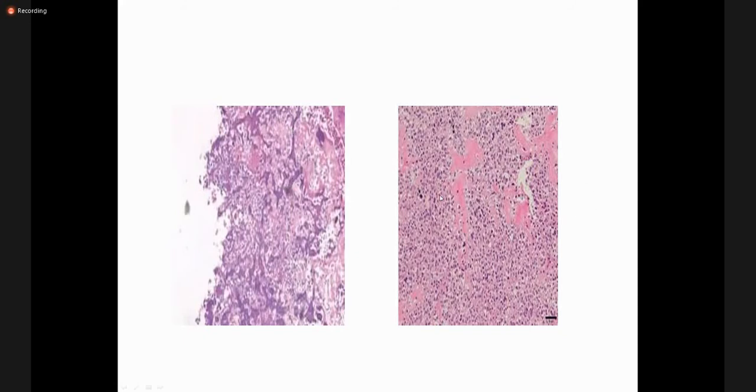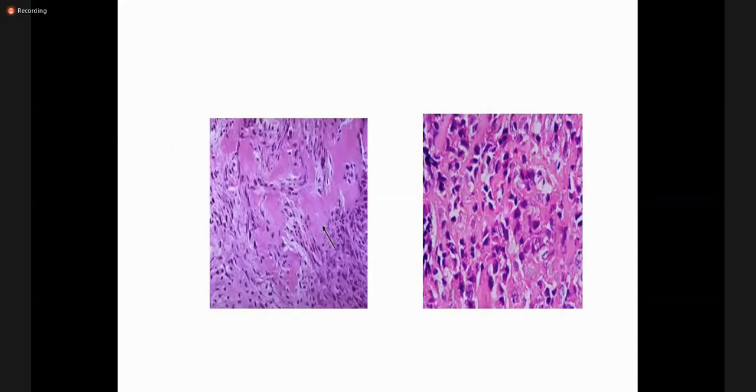Again, this is another picture of the osteosarcoma. There are sheets of neoplastic cells, and in between there is malignant bone. This one is bone, this one is bone, this one is bone. This represents the malignant bone formation by neoplastic cells. Again, another picture of the osteosarcoma. This is the bone which is interspersed between the neoplastic cells of the osteosarcoma.